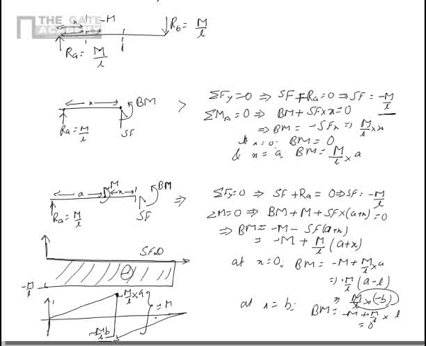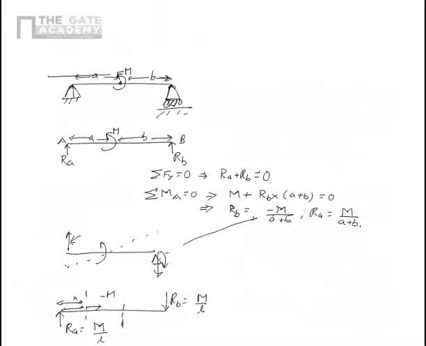So let's take a very simple case first, wherein we have a simply supported beam, and it obviously is like this. So we have a simply supported beam, and this is a pin, and that's a roller.